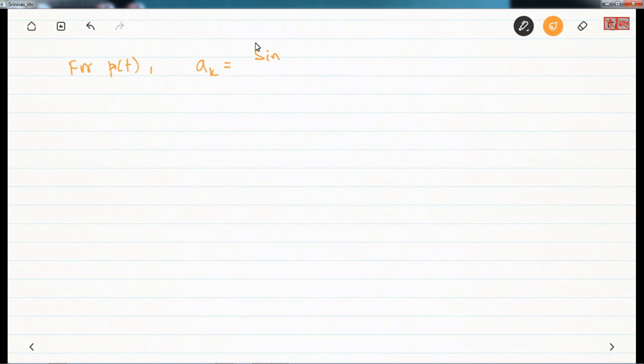We found the Fourier series for a periodic rectangular pulse. We took a periodic pulse having duration minus t1 to plus t1, and it repeats every T seconds. So ak is sine of k omega s t1 by pi k.